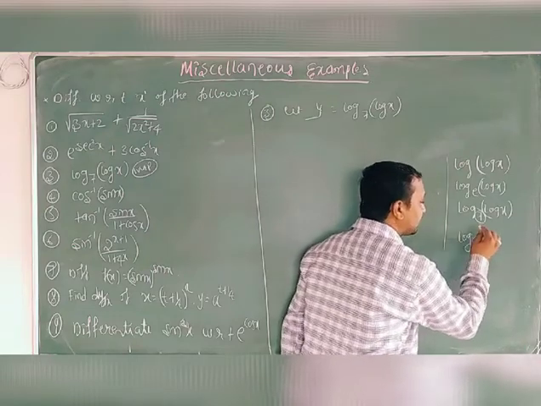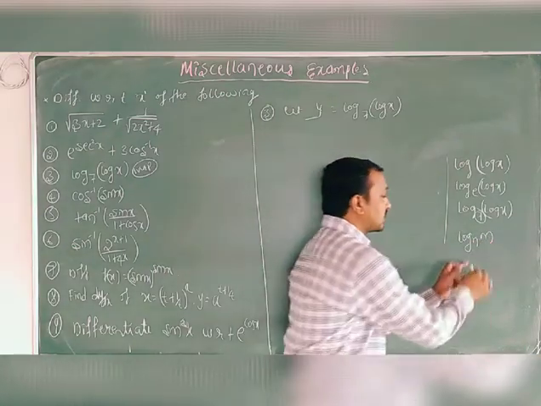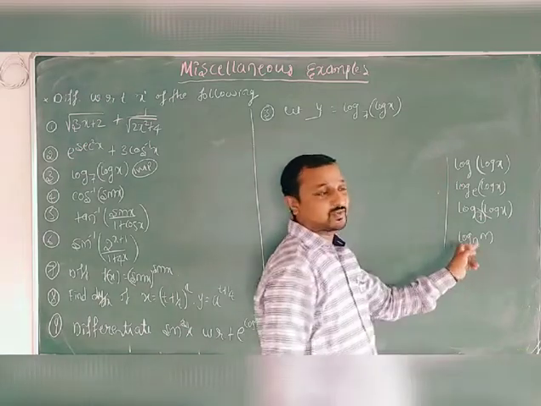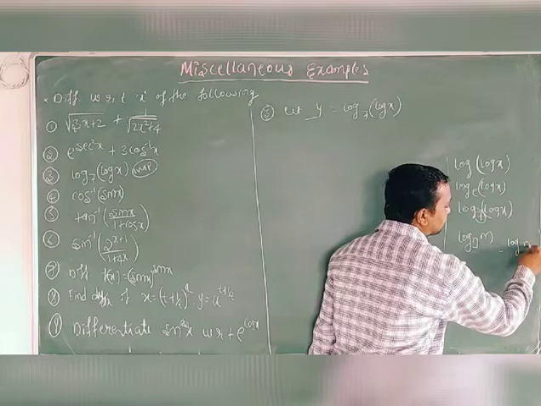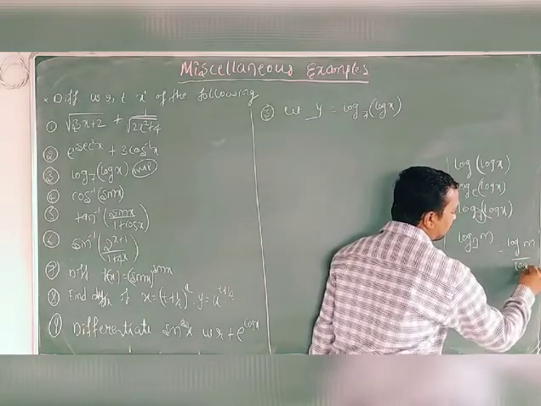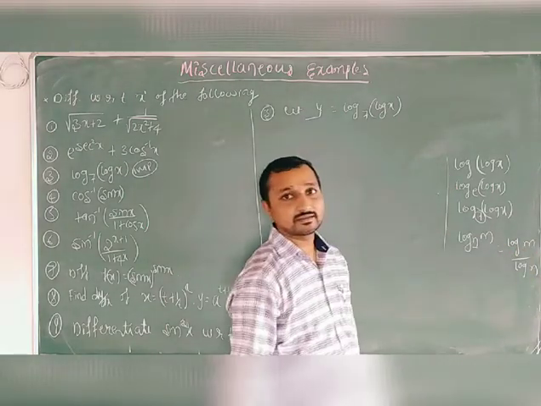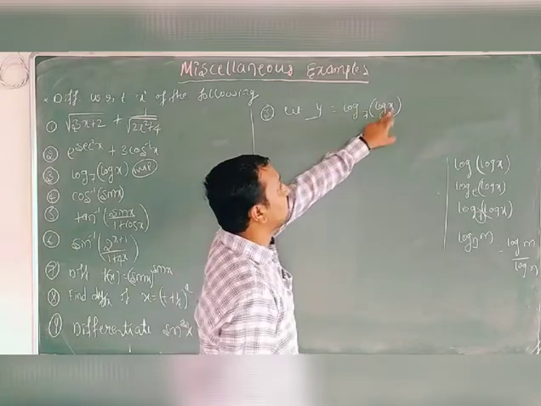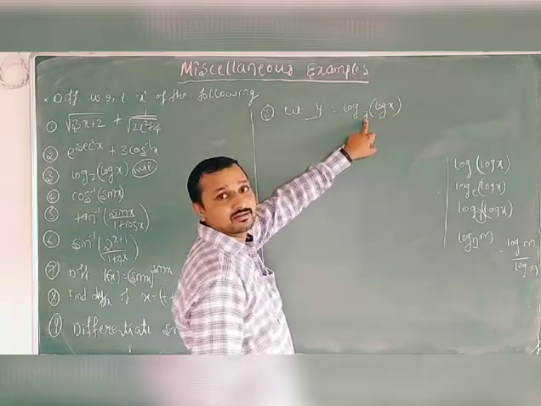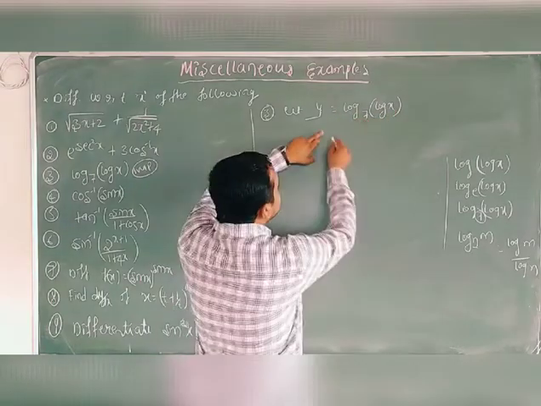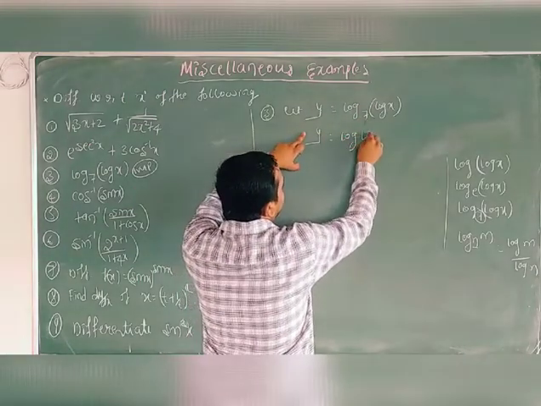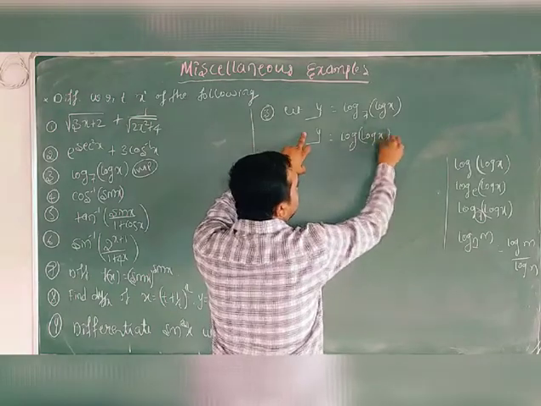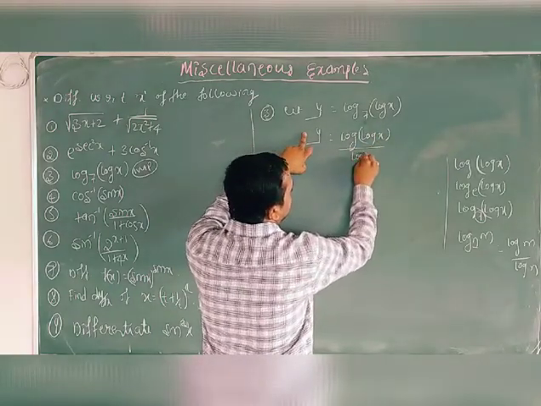Log of m to the base n. This is not an exponential base. That's why the fourth property I can write as log m divided by log n. Like that, log x to the base 7 can be written as y equal to log x divided by log 7.